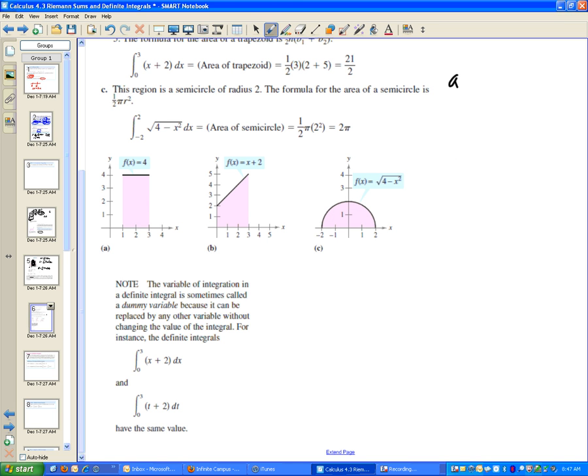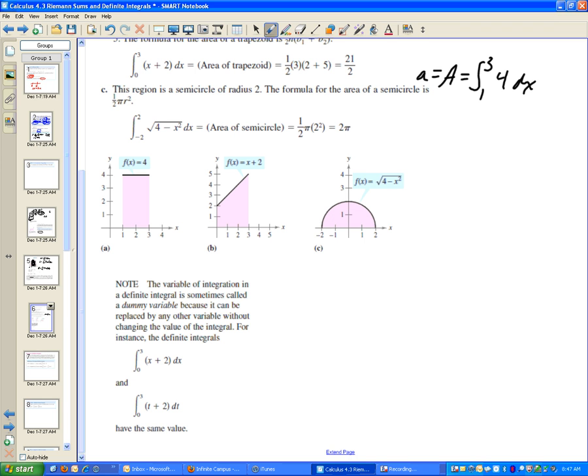I'll do it over here on the corner. It'd be the integral from what to what? 1 to 3 of f of x for dx. That's how you'd find the area of that region.